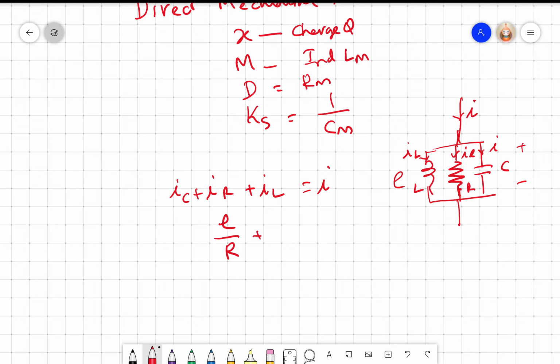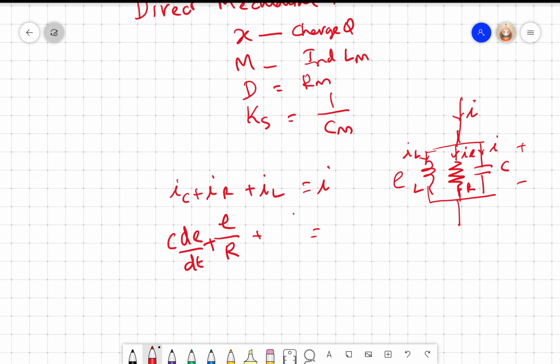For the inductor, voltage is L dIL by dt, so I need to get to the EMF in terms of IL.